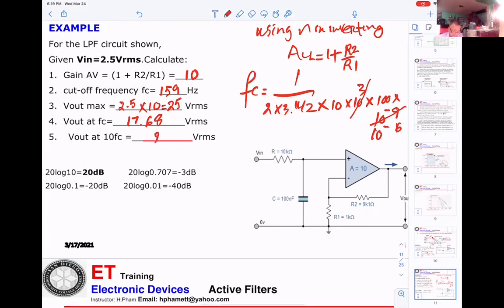Yes. The frequency is, that means you take 159 times 10. I think you get 15.9 kilohertz.